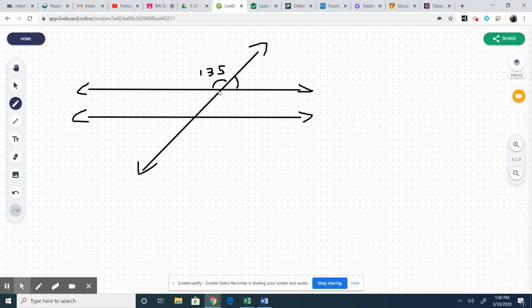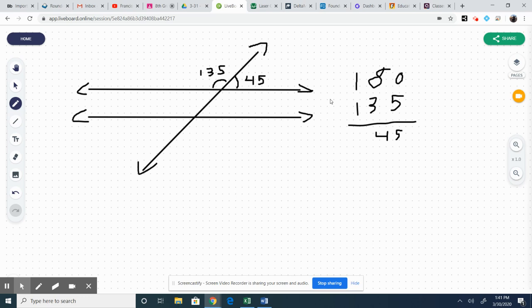So if you notice, they are both on a straight line, which means they would be supplementary. So two supplementary angles means that we are going to subtract 135 from 180. So 135 from 180 would be 45 degrees. So that means that this angle would be 45.